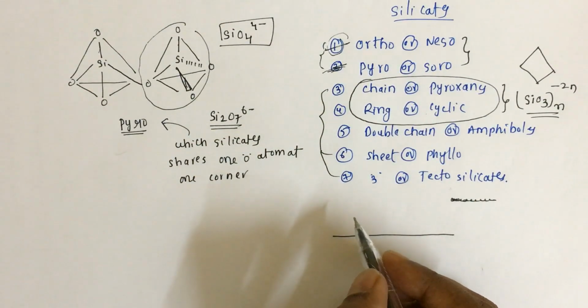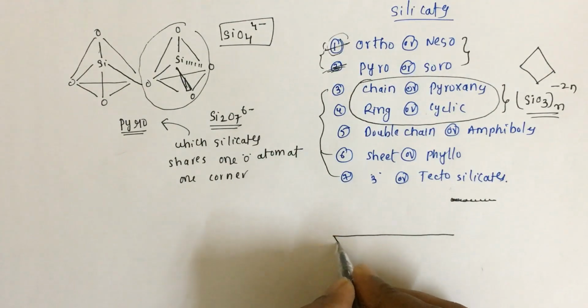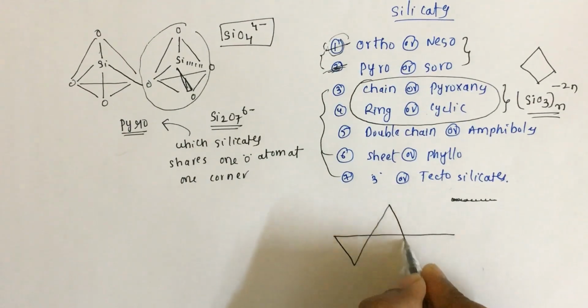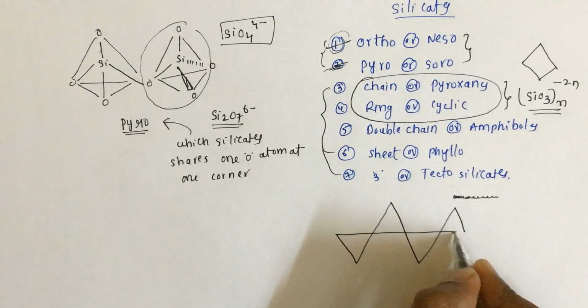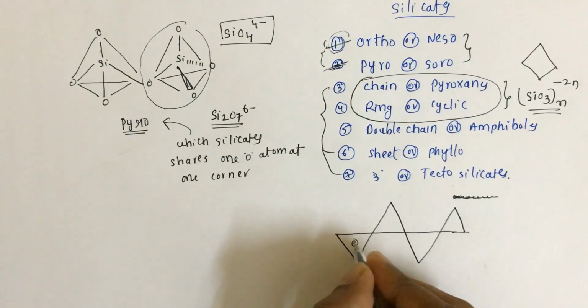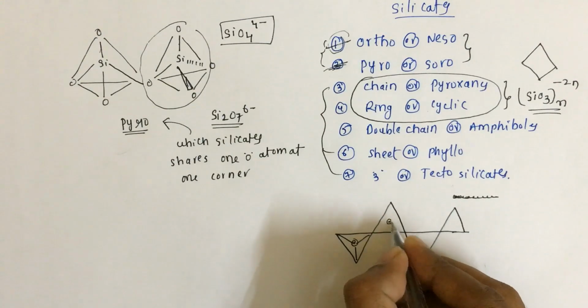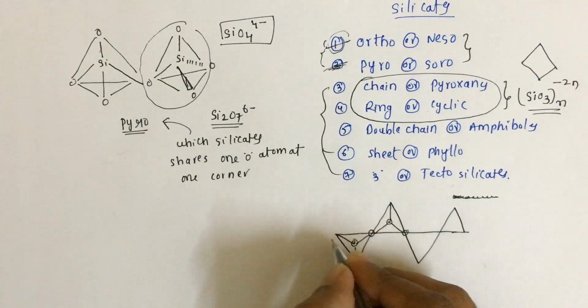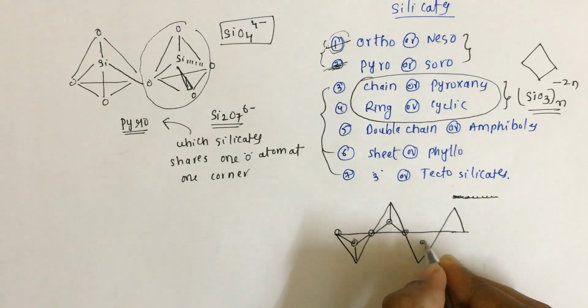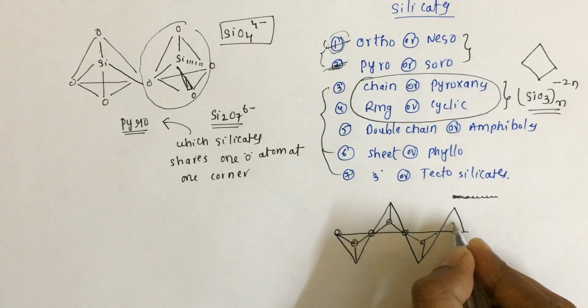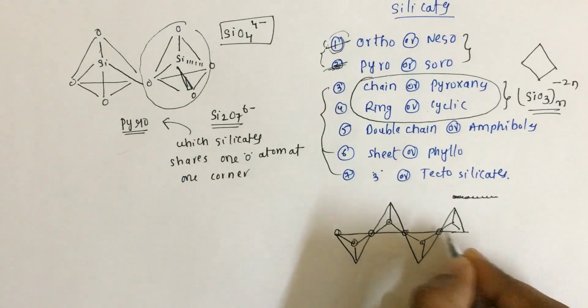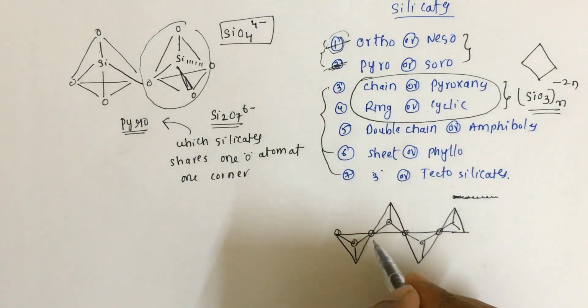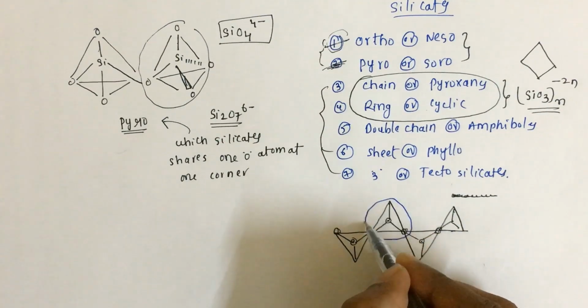In the middle the silicon will be there, and these are the oxygens. For each unit, if you take this unit, how many oxygen atoms are shared?